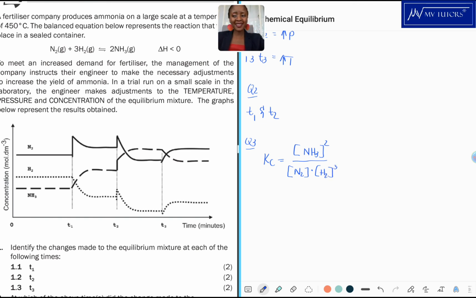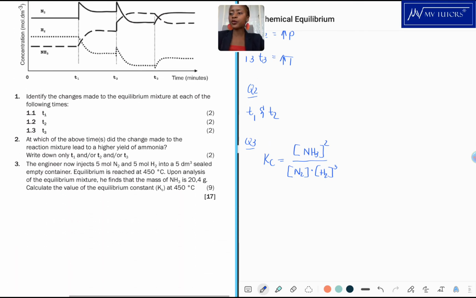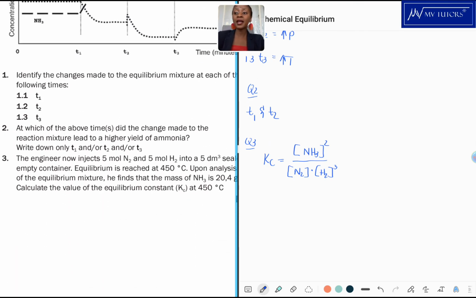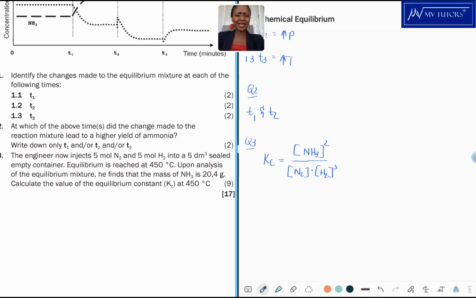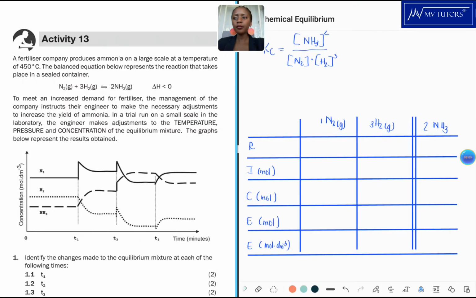So we need to then use the RICE method to actually get what the concentrations are at equilibrium. Currently, we have the initial number of moles. Okay, so I'm just going to draw the table quickly and then we'll fill it up. Alright, so I've drawn the table and then I've listed here 1 mole of nitrogen, 3 moles of hydrogen, and 2 moles of ammonia.